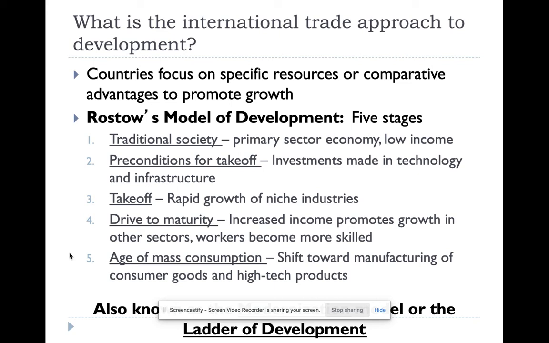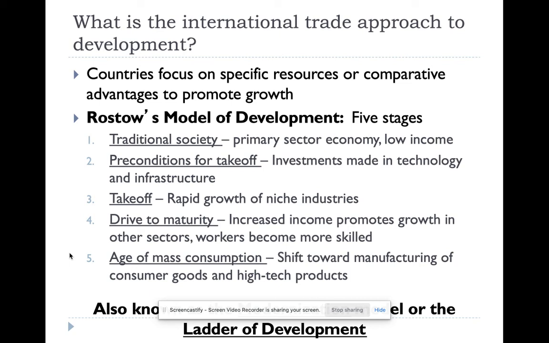You have your traditional society, which is generally an agrarian society, a low-income country, a poor farming country, right? But the government then invests in technology and infrastructure in a niche economy, a niche part of the sector. So maybe that's windmills or something along those lines, right?